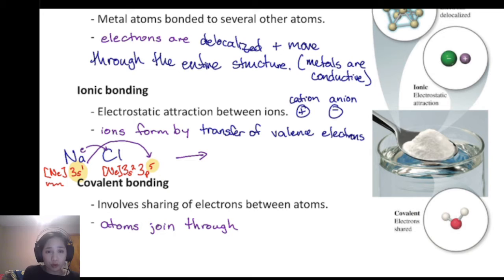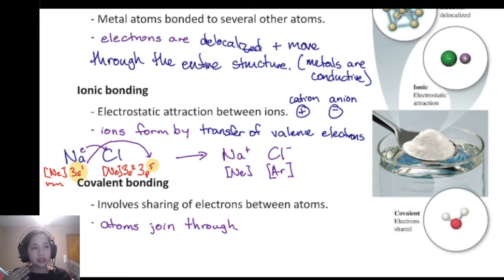After that happens, you have a sodium plus cation because sodium lost an electron, and a chlorine minus anion, chloride. And now both of these have a noble gas configuration; chloride is argon-like. I'm trying to explain step by step why this happens, but most of you already know that sodium, because of where it is on the periodic table, loses one electron and chlorine gains one.